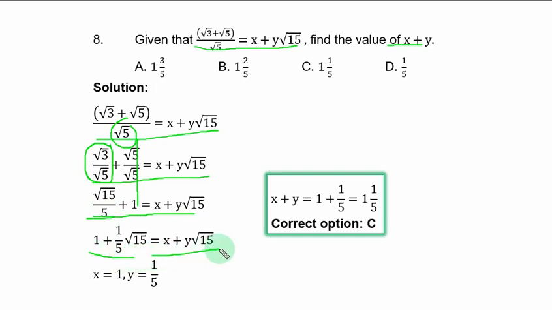So by comparison, s is equal to 1, the term without roots, and y, the coefficient of root 15, is 1 over 5. Therefore, s plus y is equal to 1 plus 1 over 5, and that is one whole number, 1 over 5. C is the correct option.